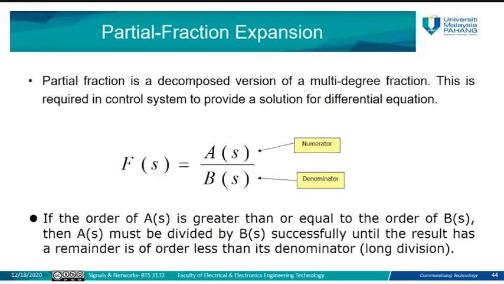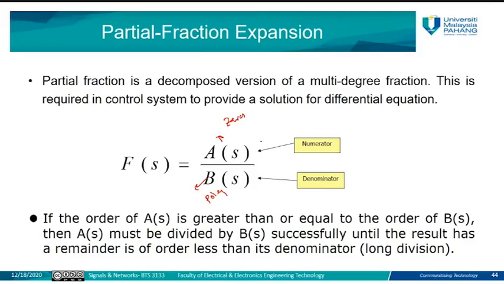As we said, the function consists of two parts, the numerator and the denominator. The numerator is responsible for generating the zeros of the function, and the denominator generates the poles of the function.